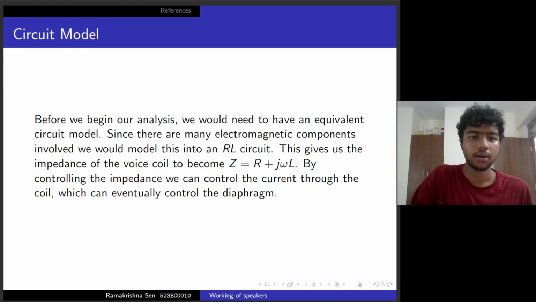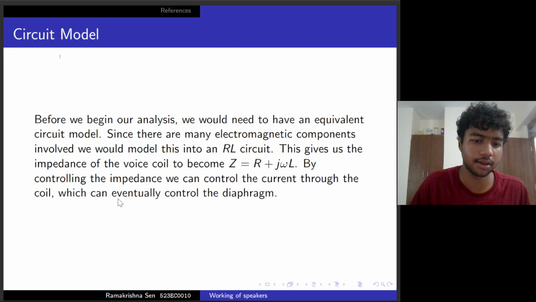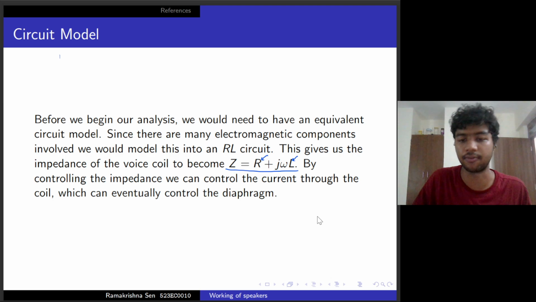So yeah, before we actually get into the nitty-gritties of this, we will look at the circuit model. The circuit model can be either mathematically intensive or we can just move on to logically representing the circuit. Since there is no capacitive elements present inside, we can just simply treat the net impedance of a loudspeaker as the DC resistance plus the reactive impedance.